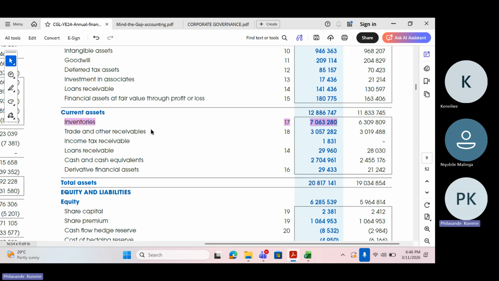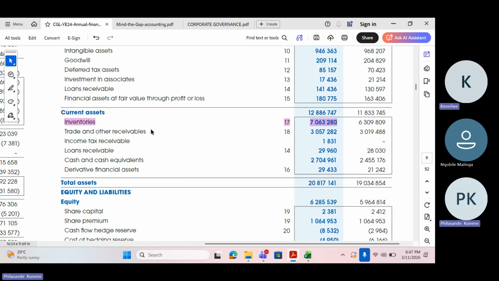You remember, guys, when we recorded the trading stock deficit, what made us record a trading stock deficit? Because we compared two amounts. Which ones did we compare? The physical stock taking, and what we purchased. Yes, we compared the stock taking against what was recorded.